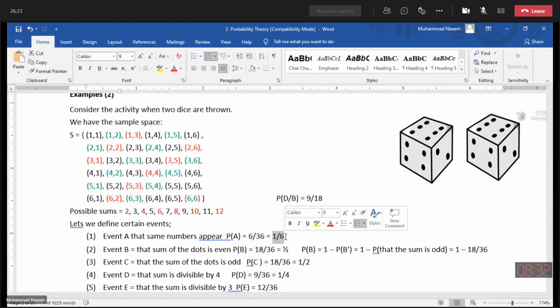Event B, that the sum of the dots is even.